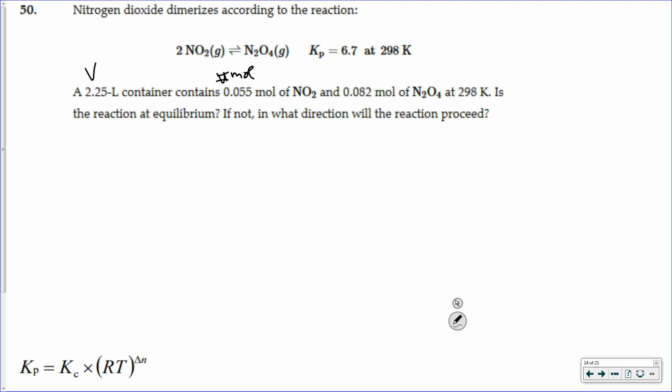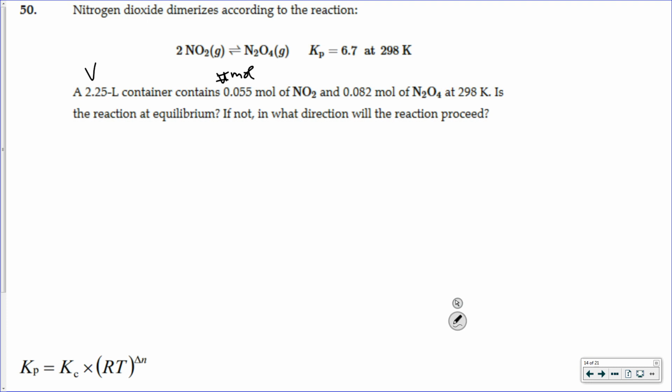K sub C or K sub P? K sub P. So what I'm going to have to do is calculate a Q sub C based on the concentrations I've got, and then I've got to take that K sub P and convert it to a K sub C so I can calculate Q and K on an equal basis. So this is tricky.